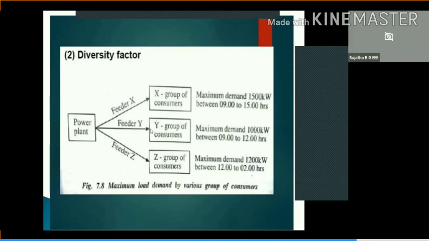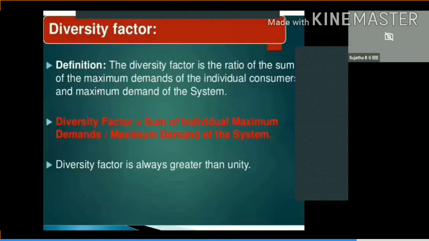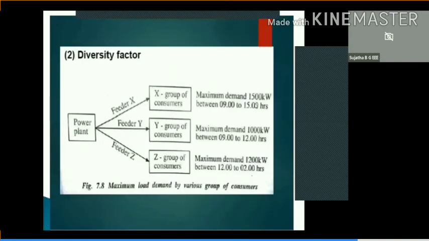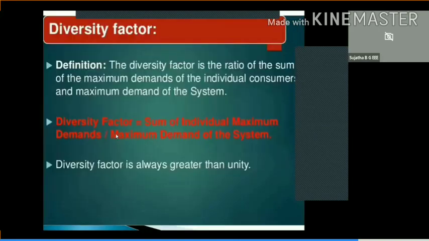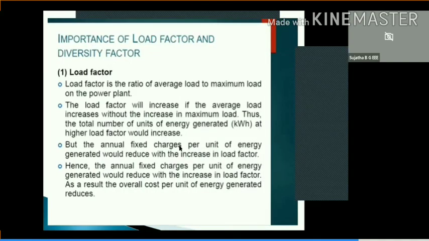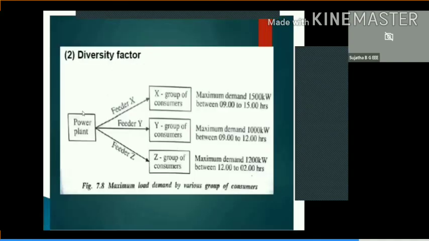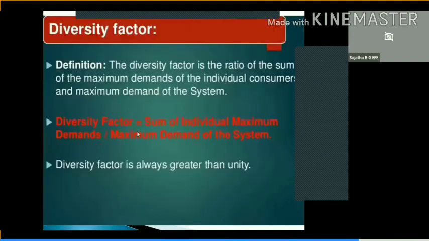Here we define diversity factor as the sum of individual maximum demands, that is 1500 plus 1000 plus 1200, divided by the maximum demand of the system. So for the entire system, what is the maximum demand? Definitely this ratio, the diversity factor, will always be greater than unity, because the sum of the individual maximum demands will be more than the maximum demand of the system.